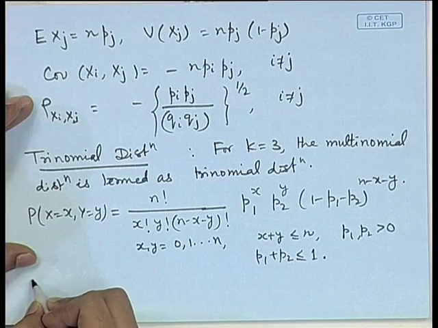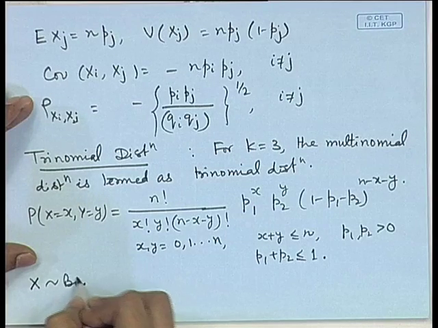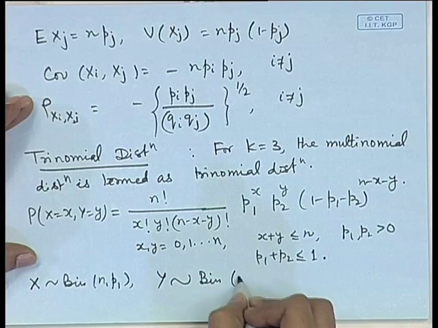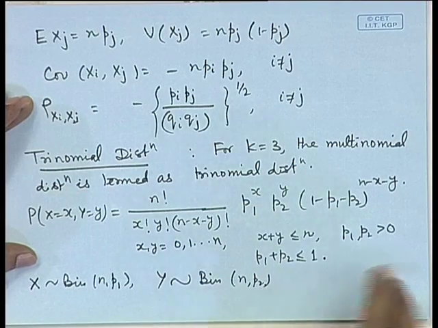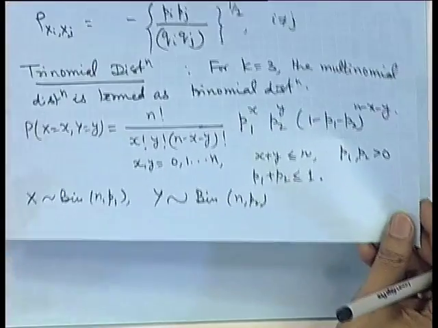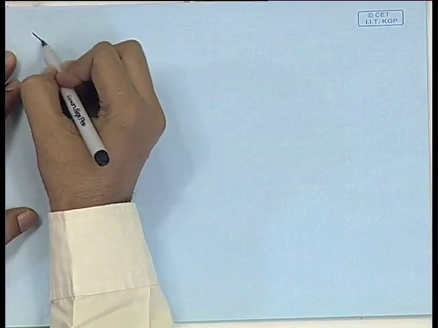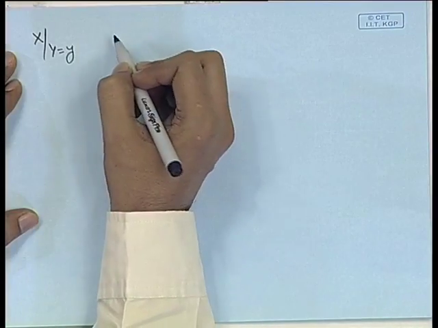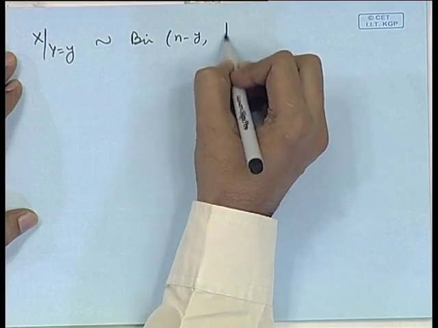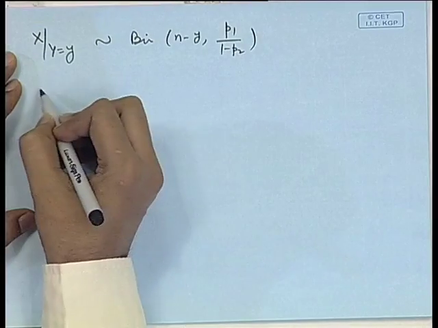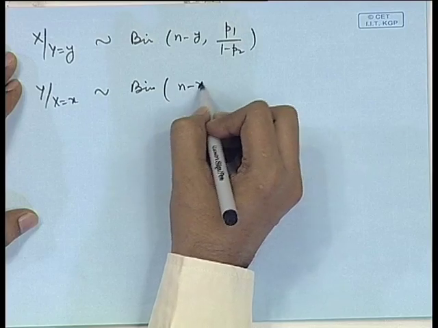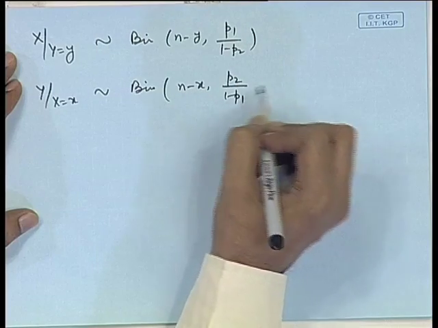So, here if I look at the marginal distribution of x, that will be binomial n, p 1. If I look at the marginal distribution of y, that will be binomial n, p 2. Not only that, if we look at the conditional distributions, then the conditional distribution of x given y is binomial n minus y, p 1 by 1 minus p 2, and y given x is binomial n minus x, p 2 by 1 minus p 1.